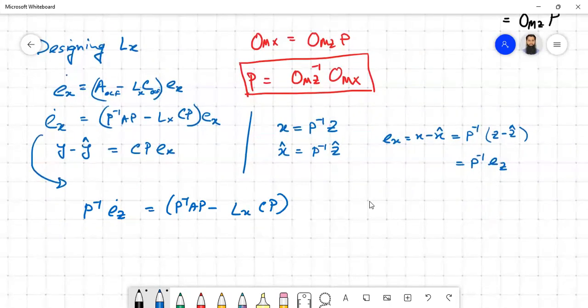Then EX will be replaced by P inverse EZ. So this side we converted using the same idea. If the error in the state can be related, then the rate of change of error can also be related with a similar idea.